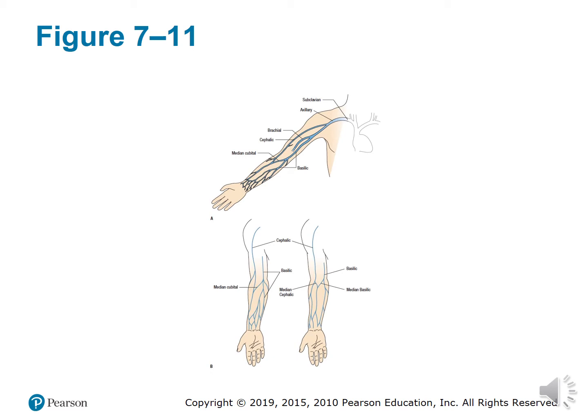Here you have the major arm veins, the right hand with the palm up. The veins will either run on the side of the arm.